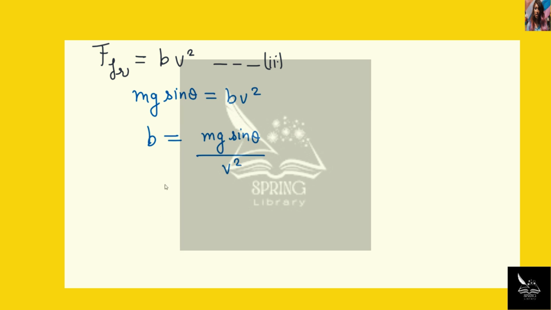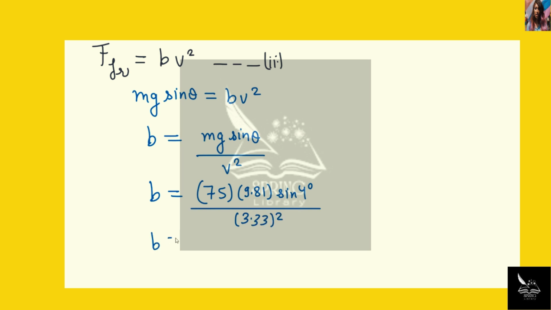Now here on substituting the value, we get b equals to 75 multiplied by 9.81 multiplied by sine 4 degree divided by 3.33 whole square. Now on simplifying, we get b equals to 4.62 kilogram second per meter.